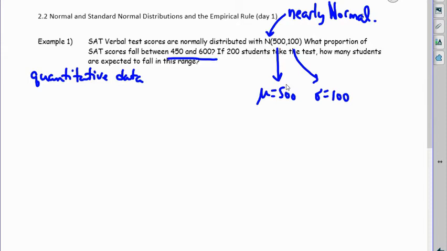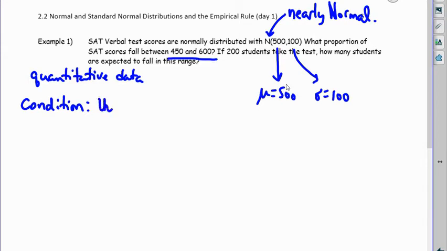Okay, so now for our conditions, the first condition that you're learning, besides being quantitative data, the condition that you are going to have to check in order to draw a normal curve, your data must be nearly normal.